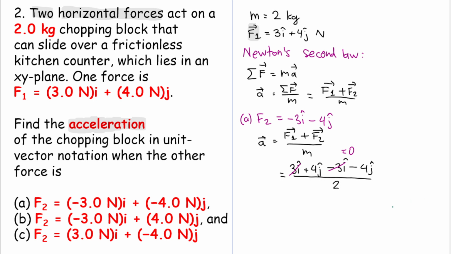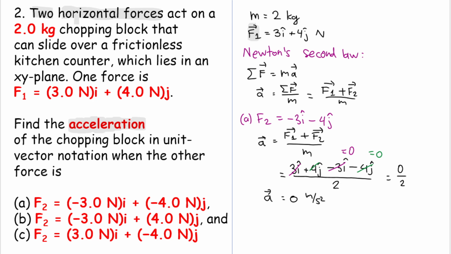And this 4 and minus 4 becomes 0. They also cancel each other. So we will have 0 over 2, which is 0 meter per square second. And that is the answer for question A.